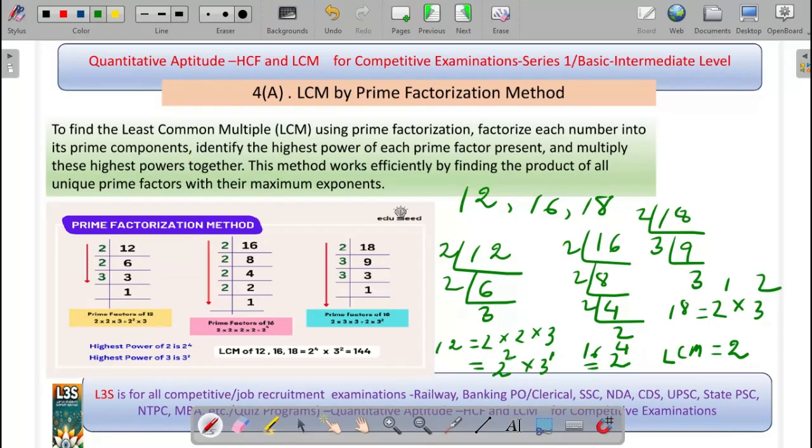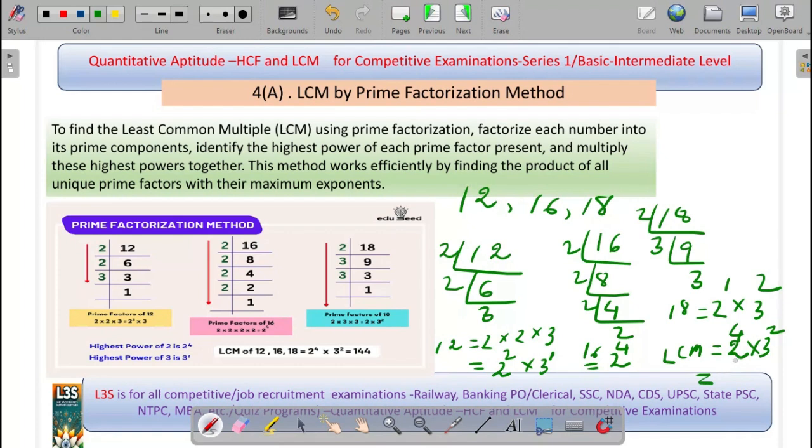Here 2 to the power 2, here 2 to the power 4, here 2 to the power 1. So 2 to the power 4 is the highest. Then 3: here 3 to the power 1, and here 3 to the power 2. So we will take the maximum, 3 to the power 2. Is there any other prime here? No, only 2 and 3. So 2 to the power 4 into 3 to the power 2.